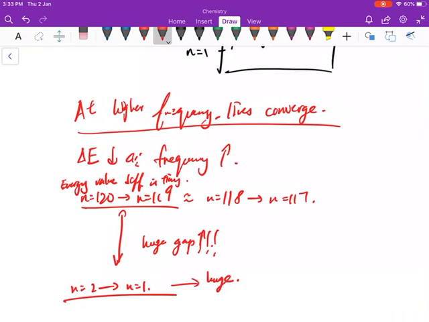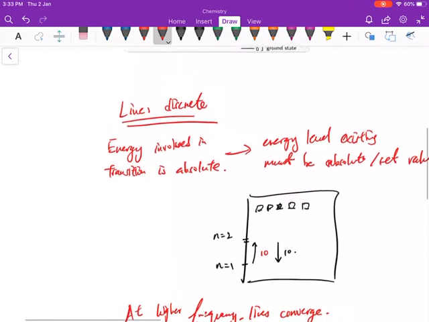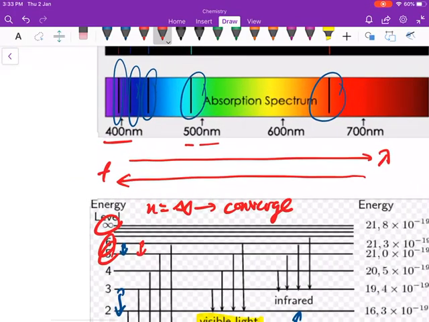And this is what it means. As you increase the energy level, the energy difference between consecutive energy levels gets smaller and smaller. This is a finding. And as we know, the lines here represent the energy level difference. So as the energy level increases, the energy difference decreases.